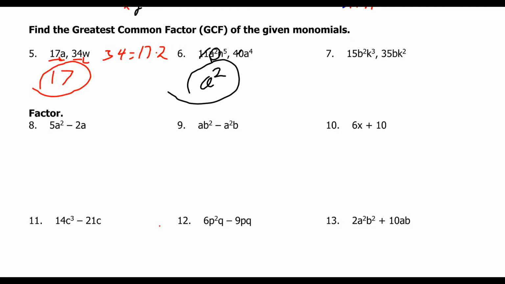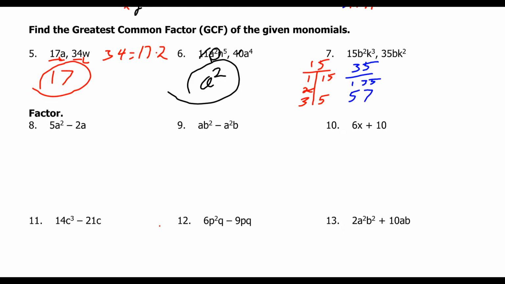Now, number 7, okay? Something I want to go ahead and just point out. Lots of people like to make a factor table. We've got 1 and 15, 3 and 5. Alright, and then we can do the same thing for 35. We can go 35, and then that's going to be 1 and 35, 5 and 7.